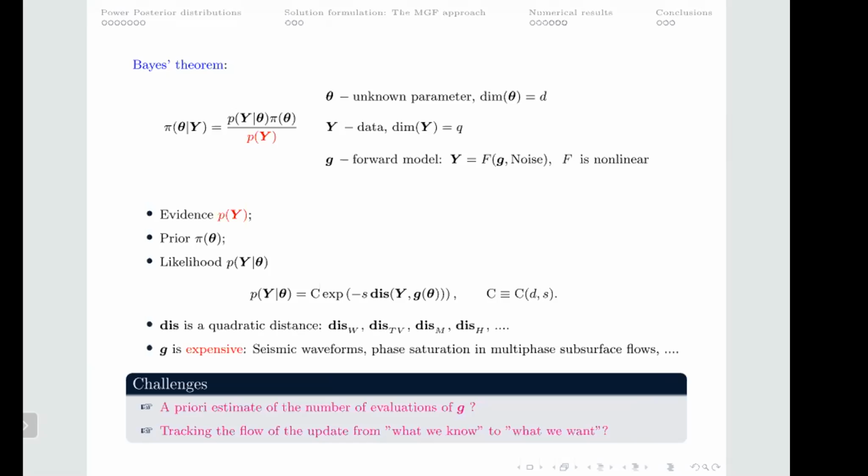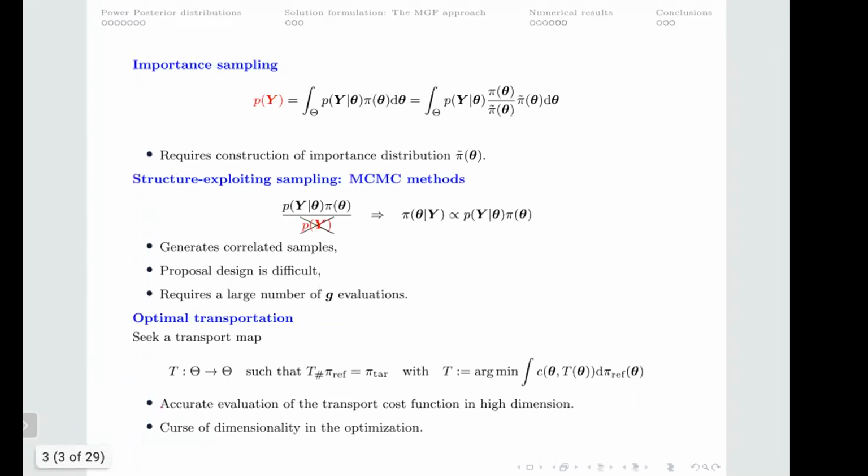Just to convince you more that the proposed method is really a breakthrough, let's see how the classical methods of constructing the posterior distribution behave with regard to those two statements. First of all, we have the importance sampling approach, where the main work is how we can approximate the Bayes factor, and there we apply a measure change.